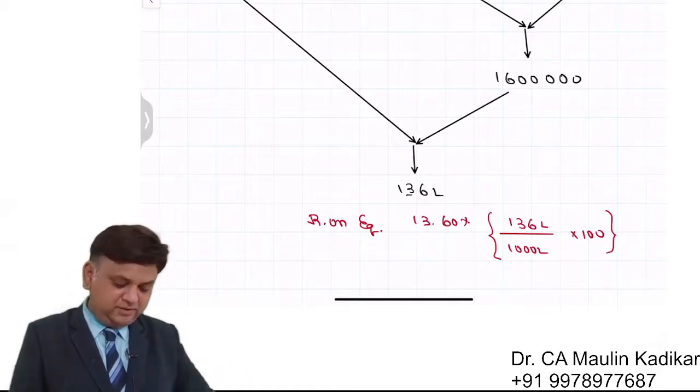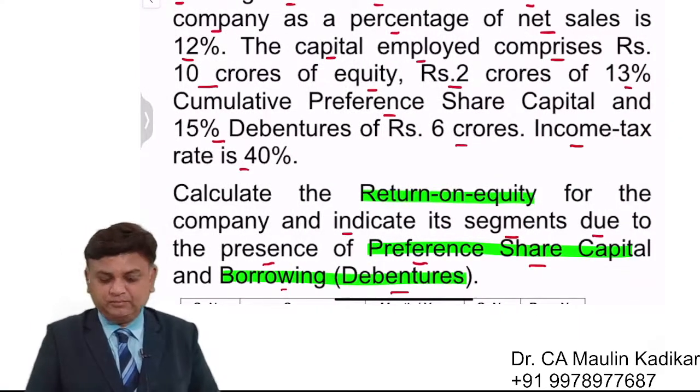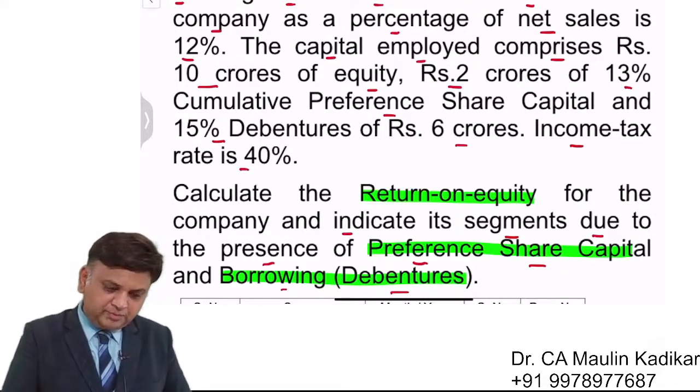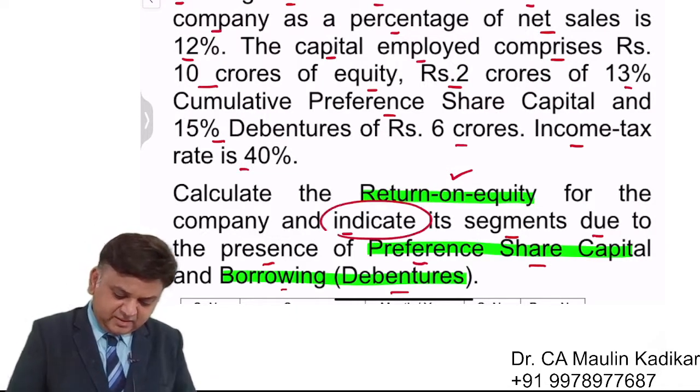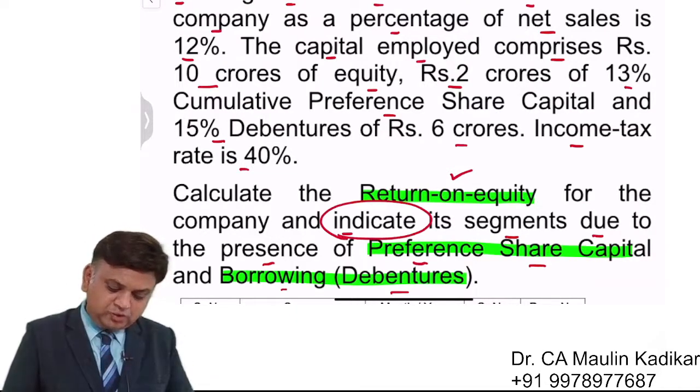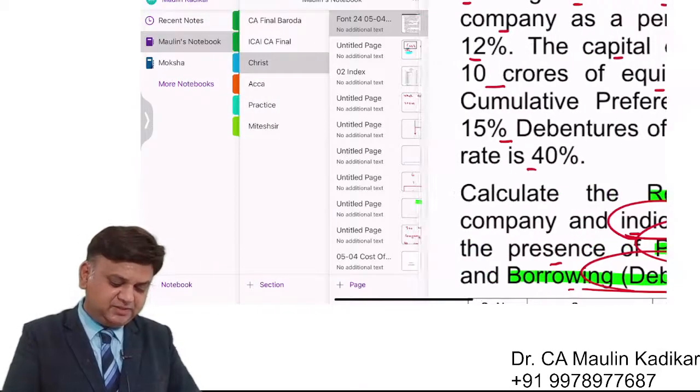That is what they have provided to us as an example. You can see that the question says you have to compute the return on equity, and the question does not end there, and indicate its segment due to the presence of the preference share capital and borrowing, that is the debentures.